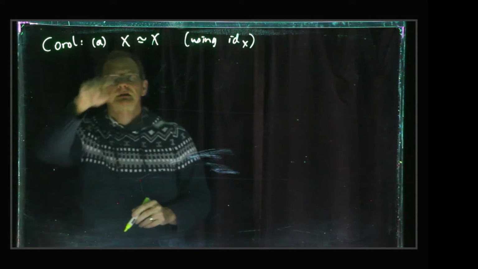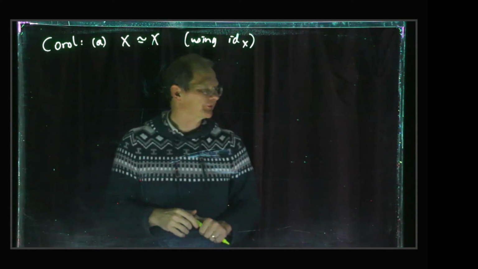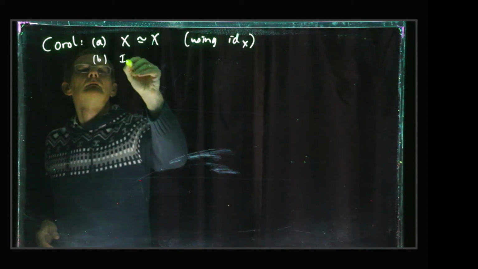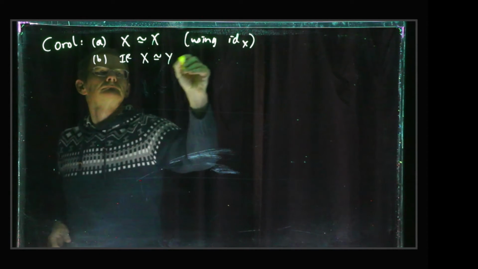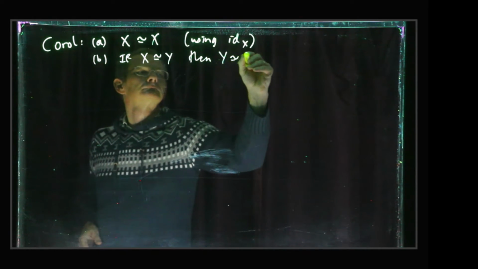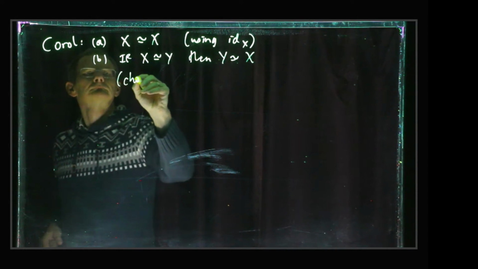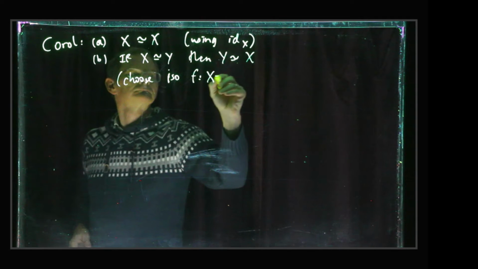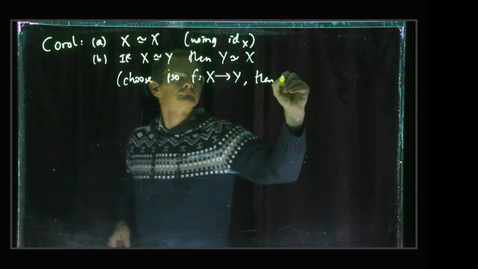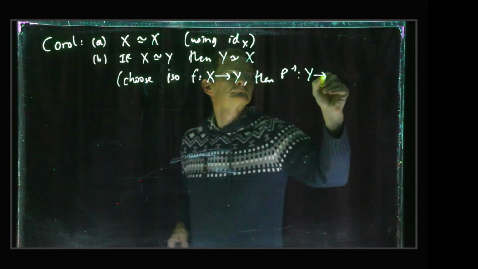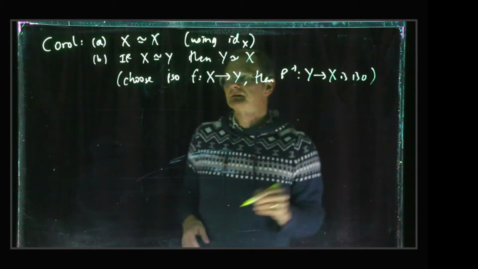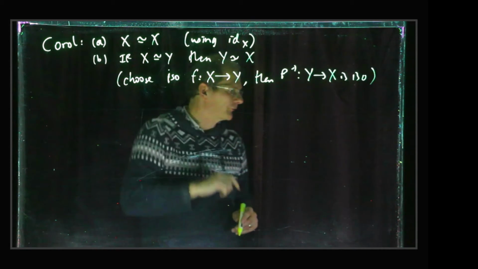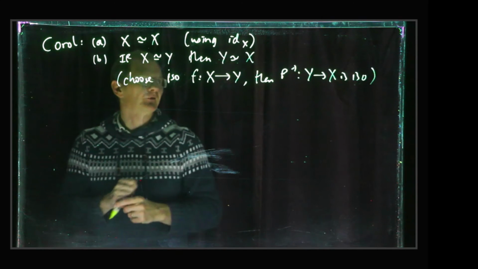So you need to prove it's reflexive, that X is isomorphic to X, and of course it is, because the identity is an isomorphism from X to X. For symmetry, if X is isomorphic to Y, in other words, there is an isomorphism from X to Y, then there's also an isomorphism in the opposite direction, just by taking the inverse of the first one.